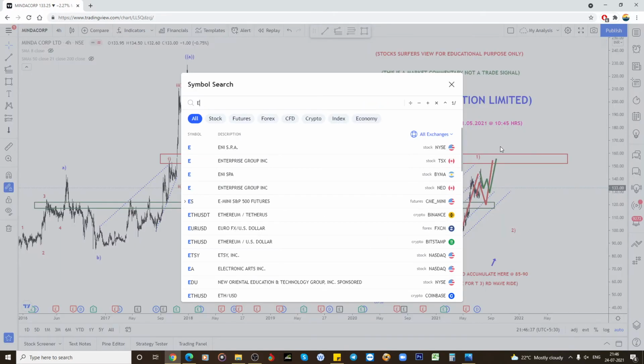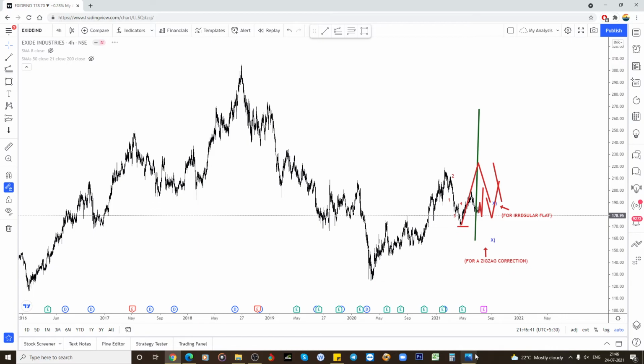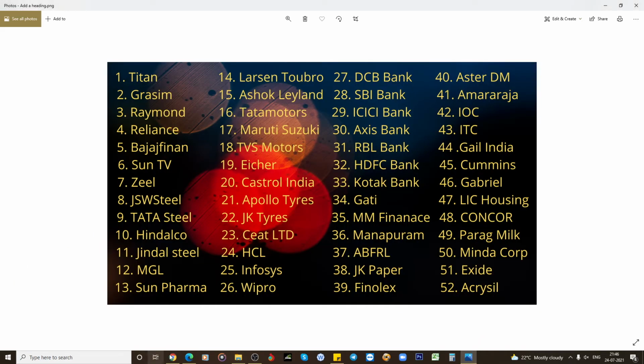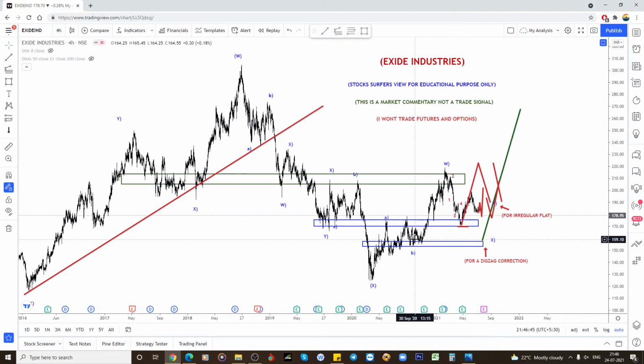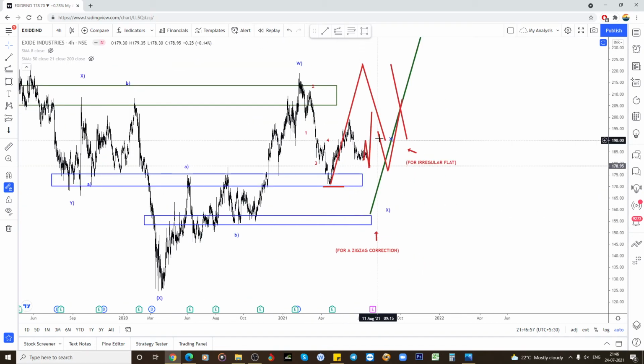So next is Exide Industries. Exide and Chrysler, the last final one. Exide is looking like one impulsive wave to the upper side and again one impulsive wave to the downside. So I have no idea in this. I'm just watching to enter in this zone.